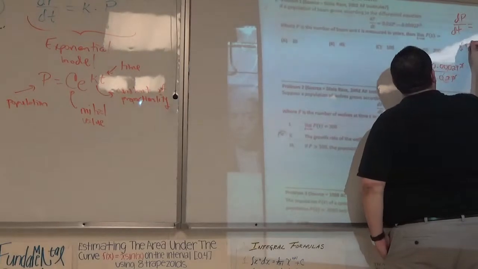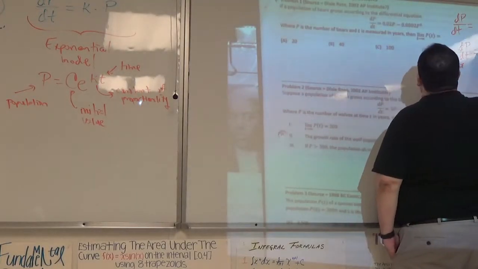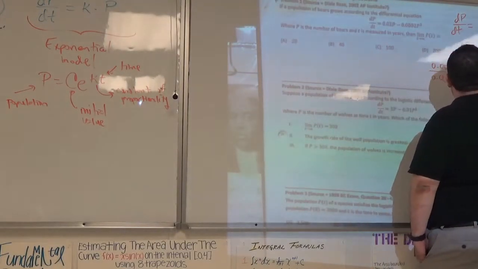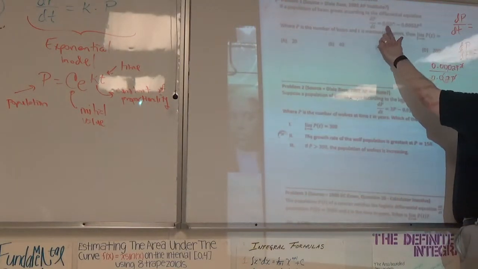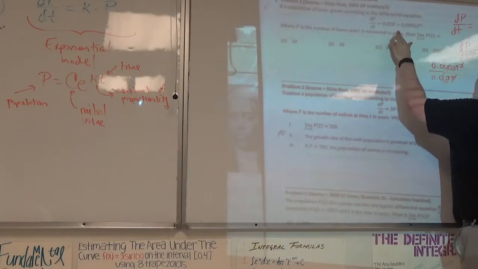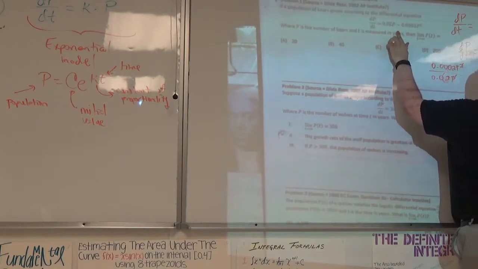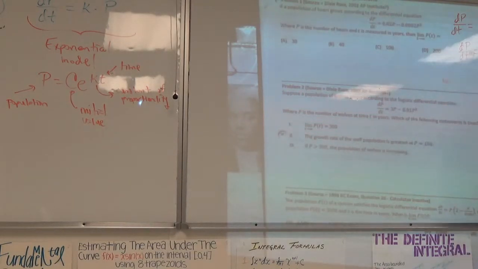So if instead I said dP/dt equals 0.0002P, so 0.02 divided by 0.0002 is going to be 1,000 minus P. And now in that form, I hope the logistic part is clearer. dP/dt equals some constant times my population times the available population.